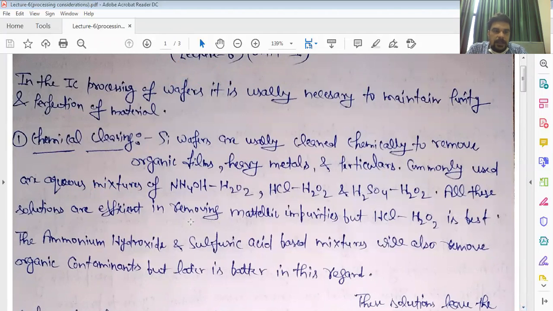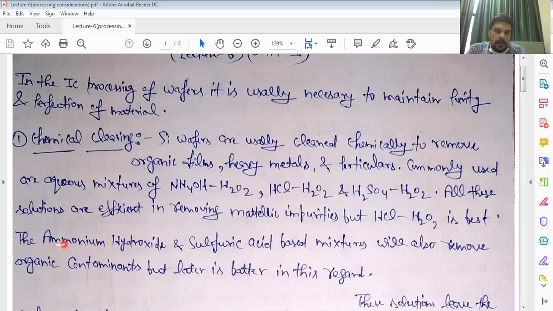Commonly used substances for chemical cleaning are the aqueous mixtures of NH4OH and H2O2, hydrochloric acid and hydrogen peroxide solution, and sulfuric acid and hydrogen peroxide solution. All these solutions are efficient in removing metallic impurities, but majorly we use HCl H2O2, hydrochloric acid and hydrogen peroxide solution, which is the best.